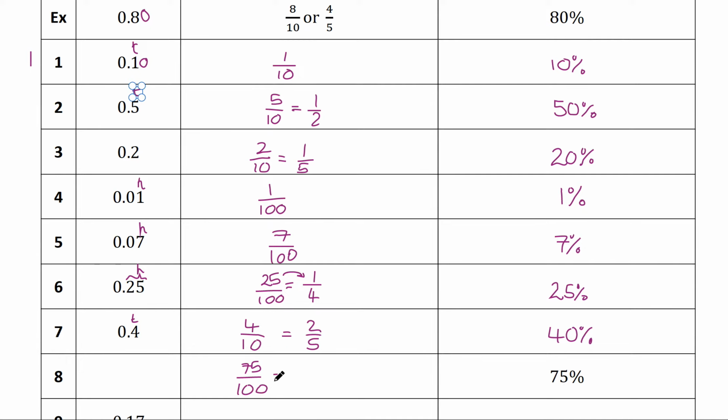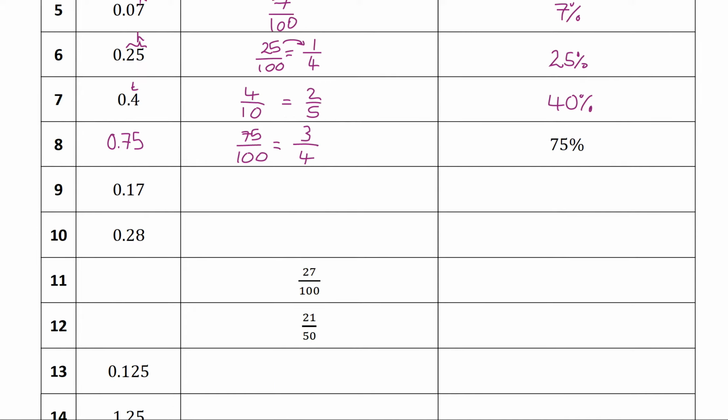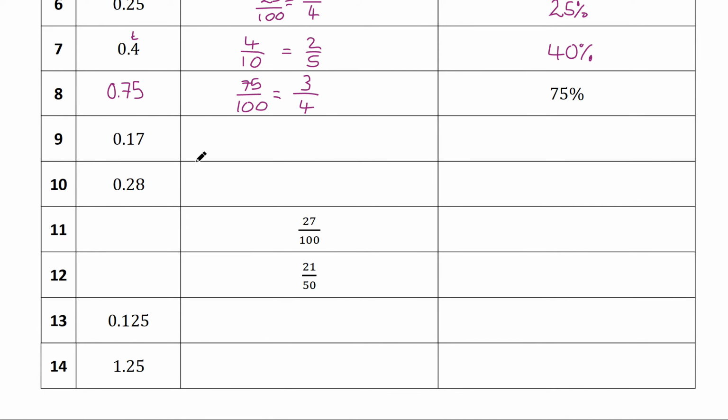I can divide both those by 25. 3 25s go into 75, 4 go into 100, and as a decimal, this would be 0.75. Just divide that by 100. On number 9, the decimal we've been given again, so multiply by 100, that will give me 17%, and this is 17 over 100 if I use the percentage, and I can't simplify that down.